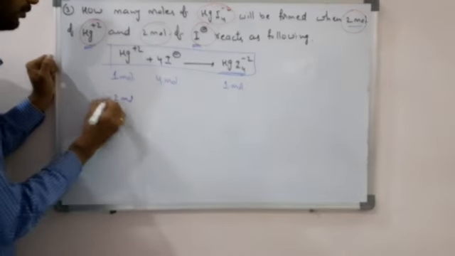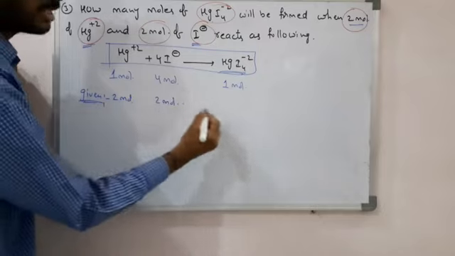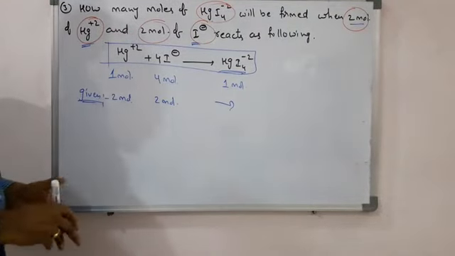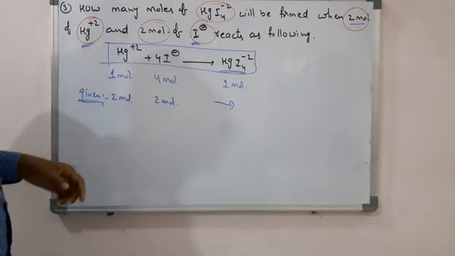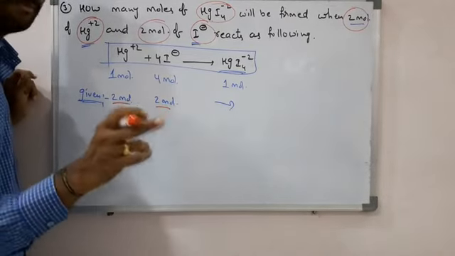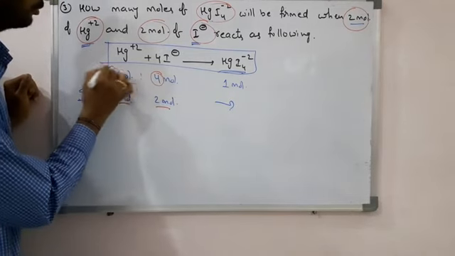So what are the given values? 2 moles of Hg plus 2 and 2 moles of I minus. We need to find this. The important point is that the 2 moles of both are the same, but originally they are in a 1:4 ratio.